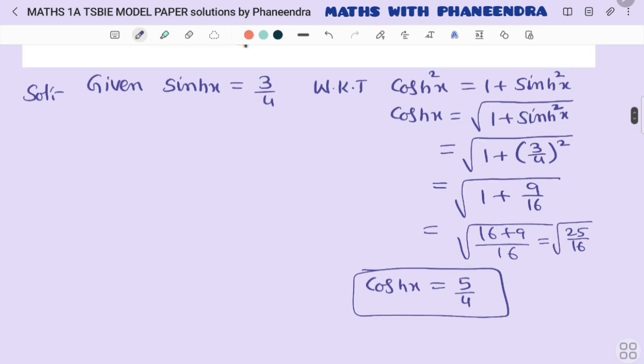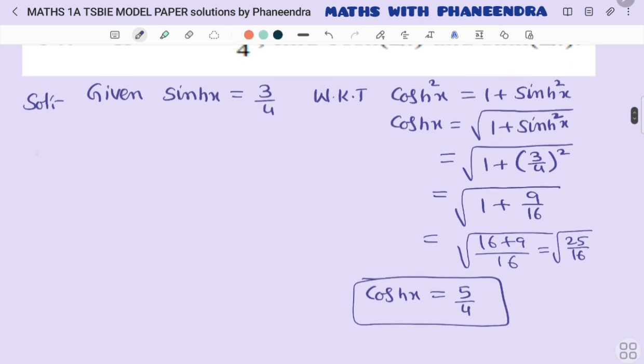So, what are they asking to find? The first question in this, cosh 2x. Cosh 2x is equal to, what is the formula for cosh 2x in terms of sinh? Sinh is given now. 1 plus 2 sinh square x.